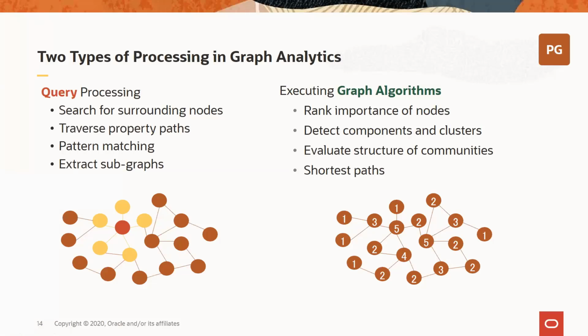You take a big graph and you cut it down into communities based on the structure of the graph itself. You can find how to go from point A to point B in the cheapest way, the fastest way, the shortest way. So there are really a lot of algorithms out of the box. With Oracle Property Graph, you have like 40 or 50 algorithms that do a lot of things. That's really what you can do with a property graph easily.